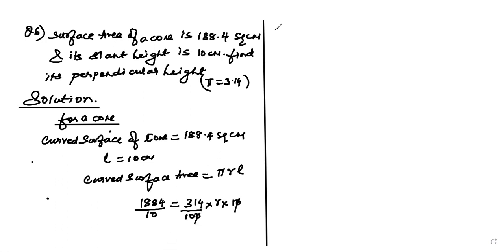So whatever is the denominator will go on top, and whatever is in the numerator will come down: 10 into 314 is equal to r. So 10 gets cancelled, 314 6 got it. When you look at it, it is 1884. So what is r? R is equal to 6 centimeter.